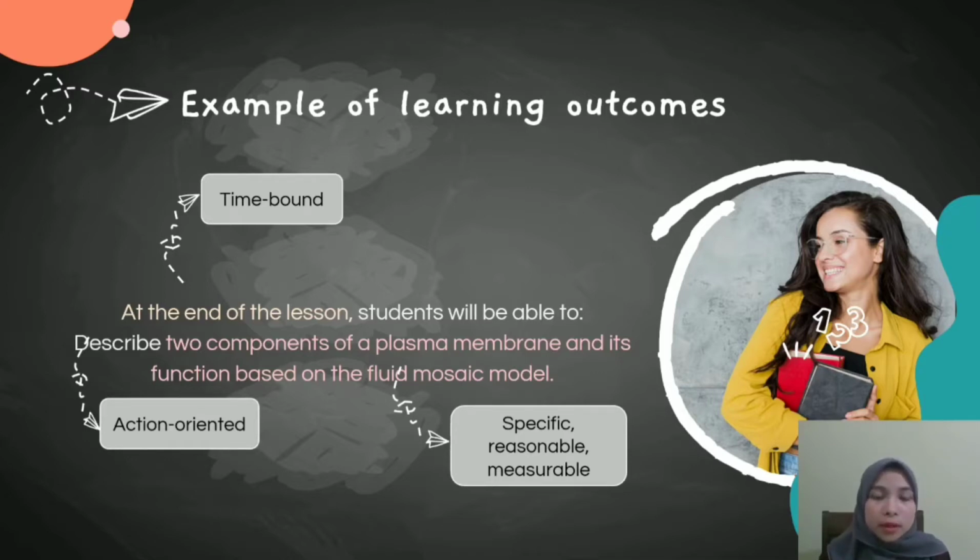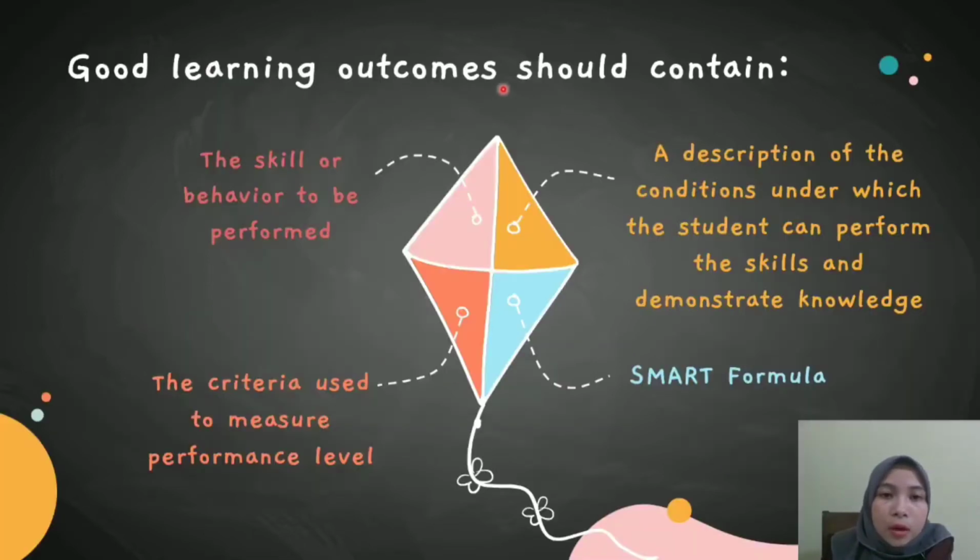Fourth, it describes the learner's performance. Good learning outcomes also should contain the skill or behavior to be performed, a description of the condition under which the student can perform the skills and demonstrate knowledge, the criteria used to measure performance level, and the SMART formula like I mentioned before.